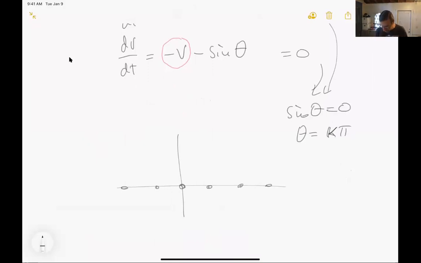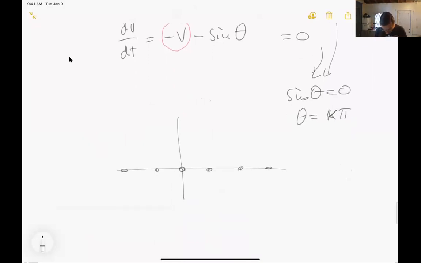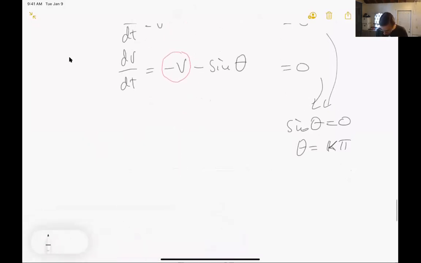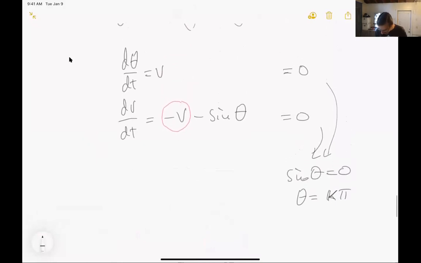All right, let's now do the linearization around each equilibrium point. So to do that, we've got to get the Jacobian matrix.